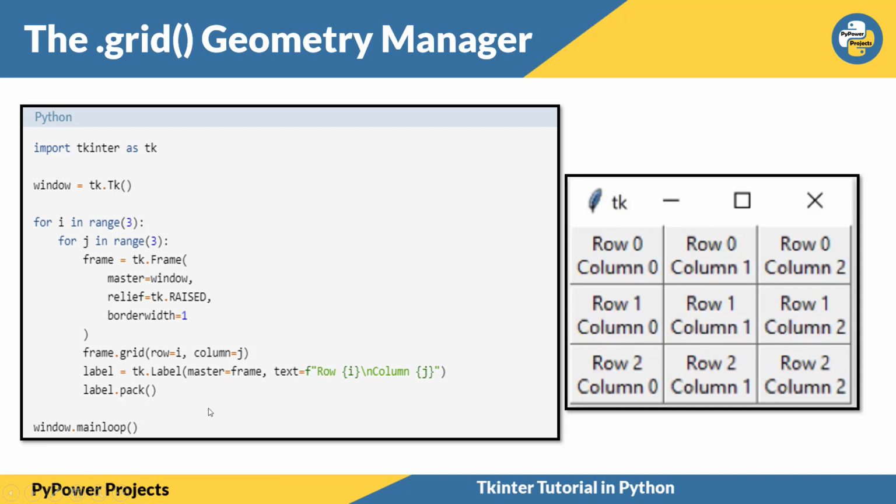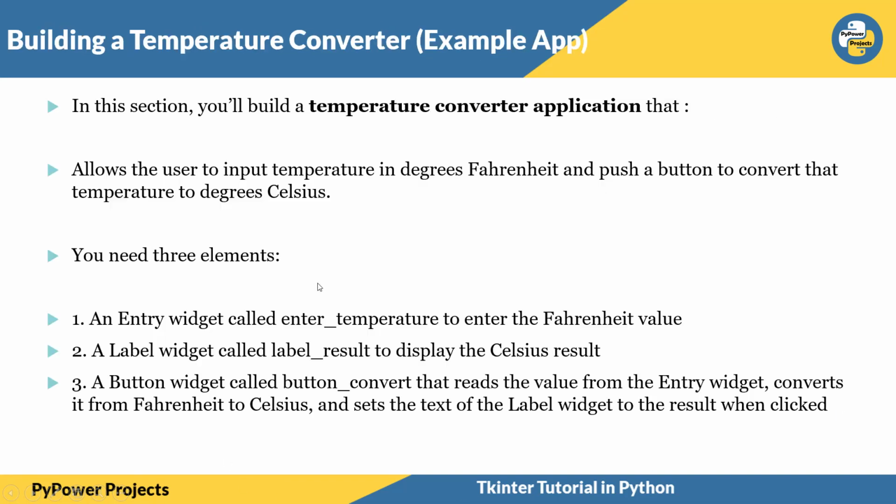So this is how grid is. I have only created one single main frame in this window. I have created all these frames inside this whole main frame. I have never created another main frame into which I created this 3 cross 3. So this is how dot grid works.